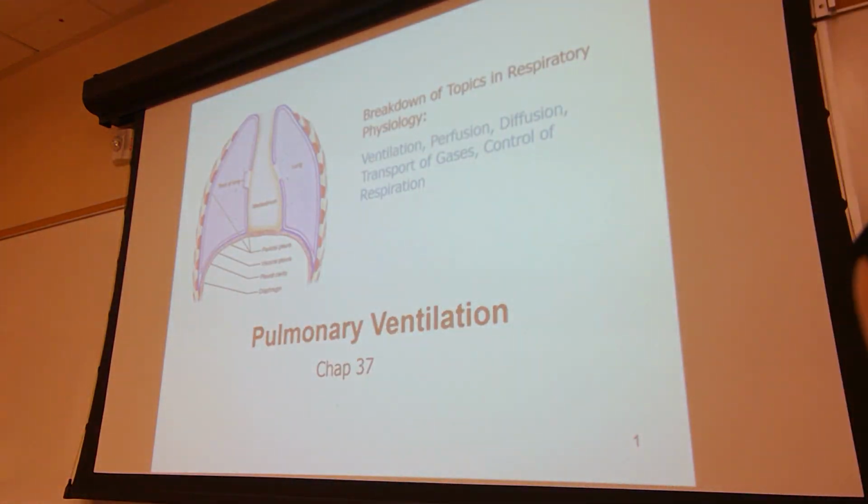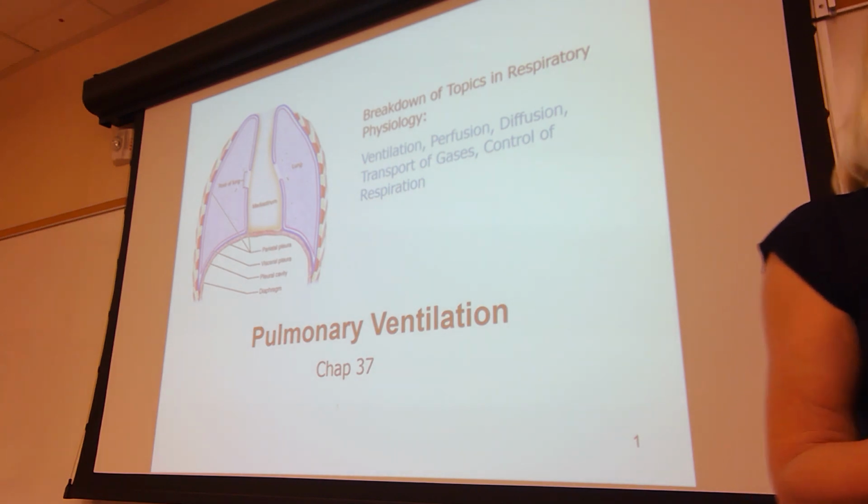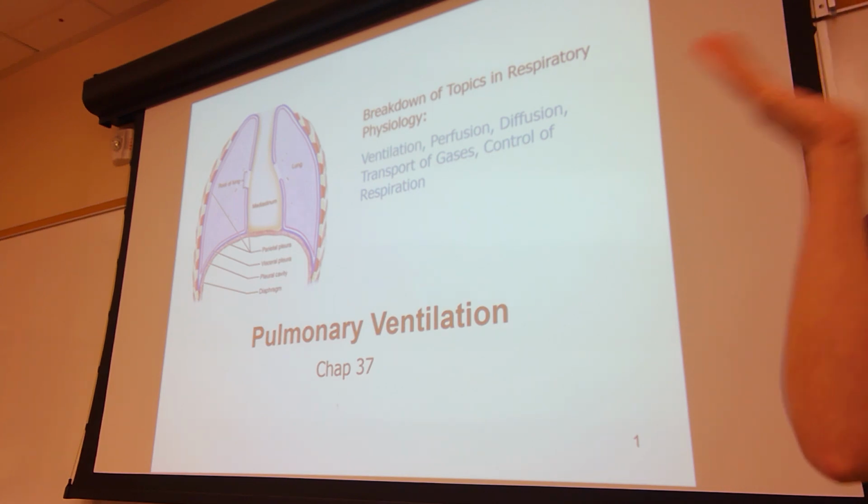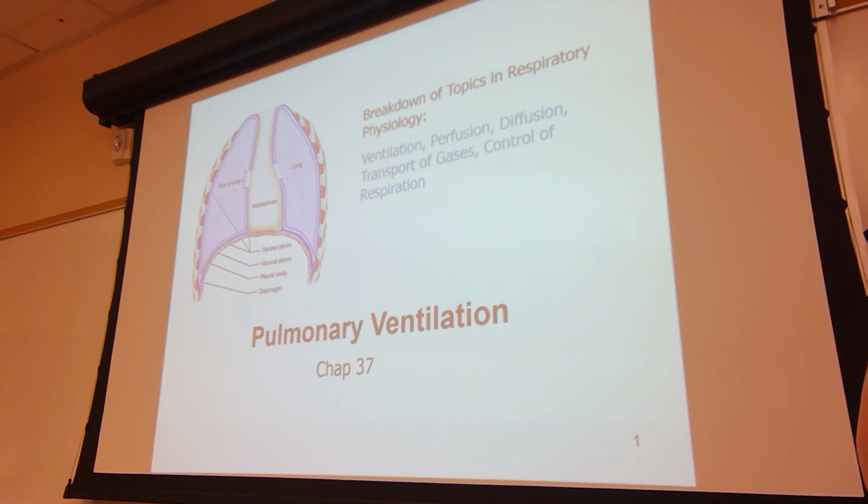We would not, if we had to inflate our lungs the way we inflate a balloon, that's called positive pressure breathing, we would have to have something over our mouth pushing the air into our lungs. That is not how we breathe. And by the time I'm finished with just this lecture and then the next lecture, I think you'll be surprised how our body takes the most challenging way to ventilate.